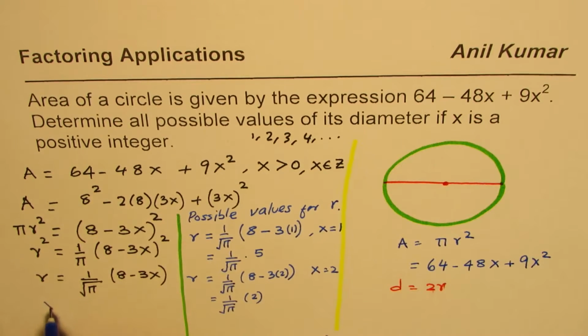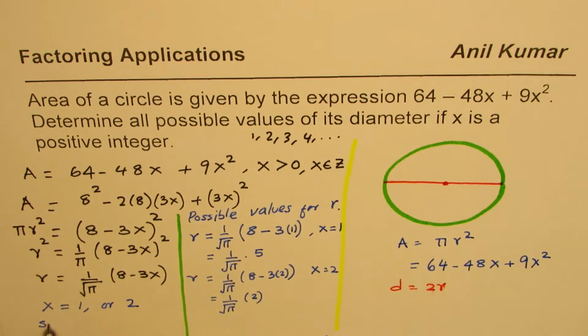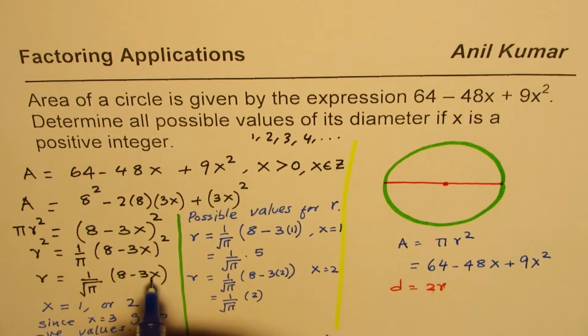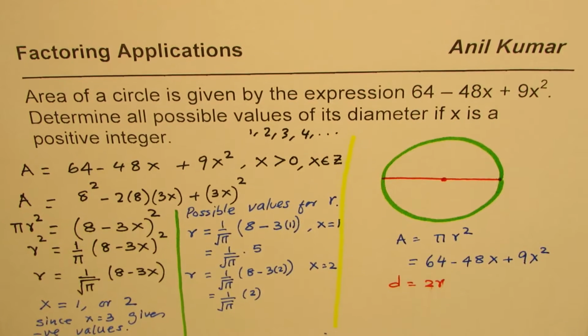So from here, we found that x can be equal to either 1 or 2, not 3, since x equals 3 gives negative values. If I write 3 here, we get minus 1, and r cannot be minus 1. So based on these two values, we have two possible values of the diameter.